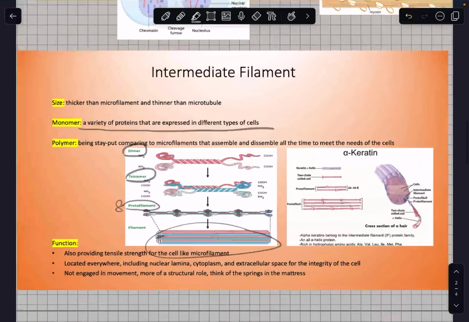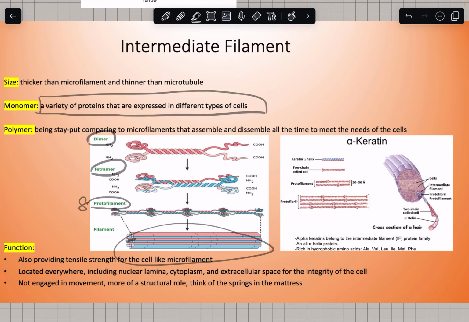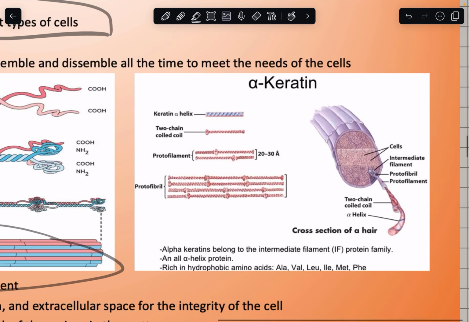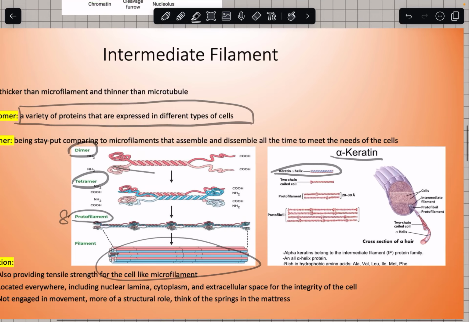Okay. So now we're ready for the example that I mentioned: what specific protein is the monomer? It really depends. Let's see the hair cell, okay? So in this hair cell, we have this protein, alpha keratin, okay? And this alpha keratin is an alpha helix, right? Like you see the shape here, alpha helix.